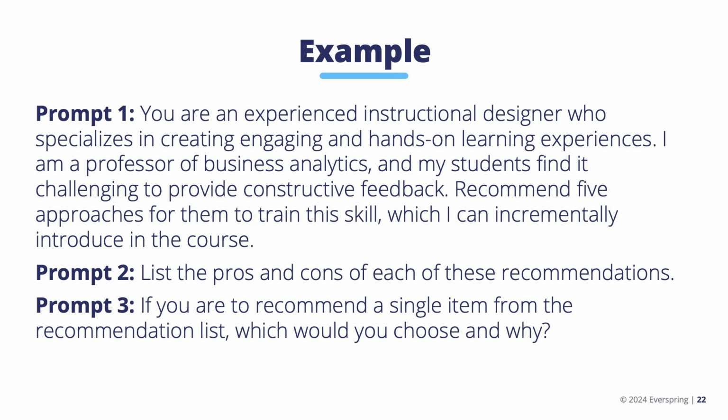Finally, we ask the AI to recommend a single item from the list, along with an explanation of why it was chosen. This step requires generative AI to apply the reasoning established in the previous outputs and make a considered decision. Throughout this process, we're guiding the AI to not only generate solutions, but also to evaluate and select the most suitable one based on the previous responses it gave.